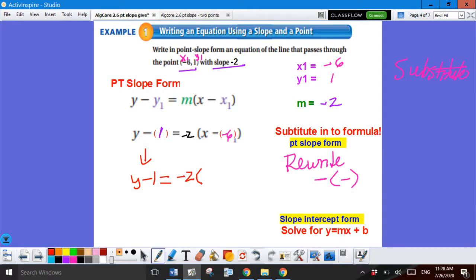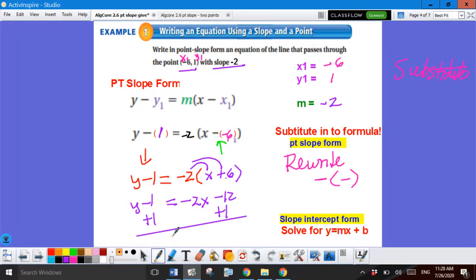The negative 2 is still there. Notice what is right there. Negative becomes a positive. So I'm going to rewrite that as x plus 6. Then all I have to do is distribute and solve for y. So multiply negative 2x, negative 12, and add 1. So y equals negative 2x minus 11. And I'm done.